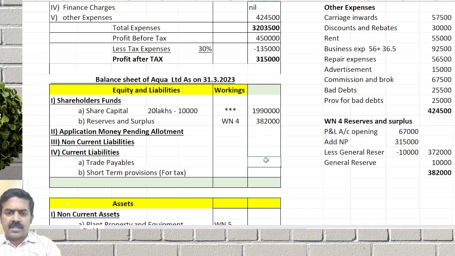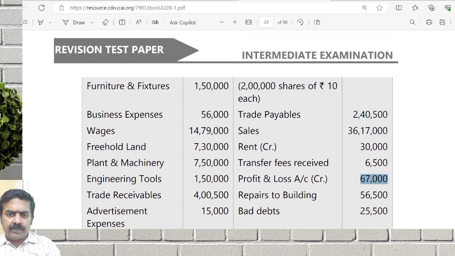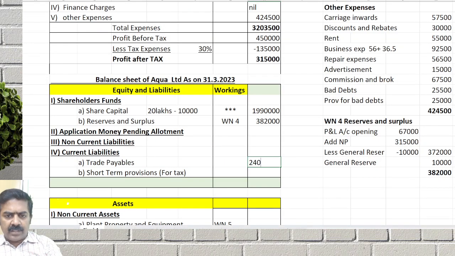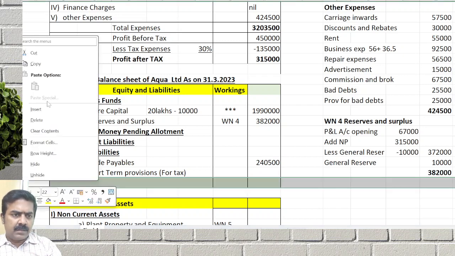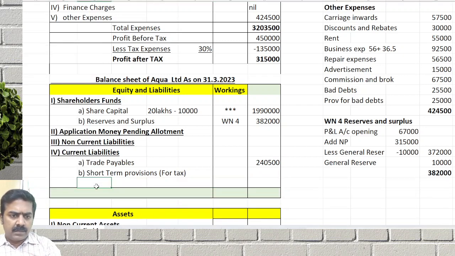Trade payables. How much trade payables? 2,40,500. Provision for tax, whatever is created will come. All outstanding expenses will come.